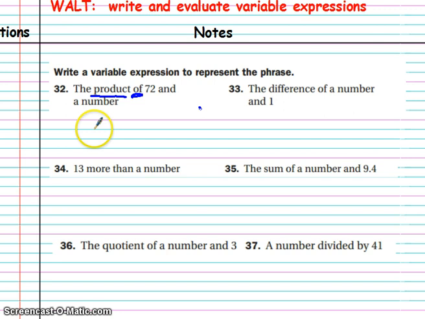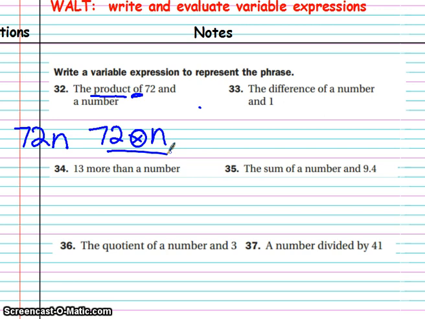So the product of 72 times some number, and we'll call that number n. But I said earlier in the presentation, we really don't want to use this x when we're using variable expressions. So we can just rewrite this as 72n. And that's the same as writing 72 times n. So that's how we would do number 32.